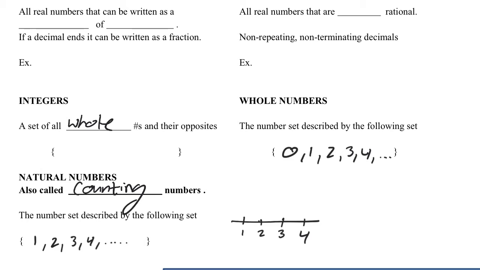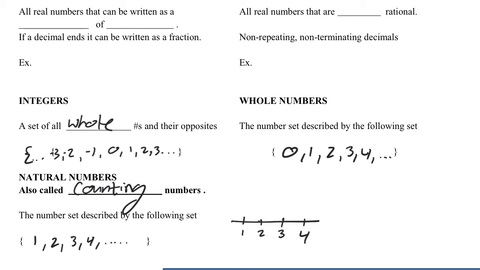The opposite of 2? -2. So we're going to be adding those in. So now not only do we have 0, 1, 2, 3, and going up, we also have -1, -2, -3, and counting down. Okay, so still no fractions, still no decimals, no square roots, nothing like that in the natural, whole, or integers.